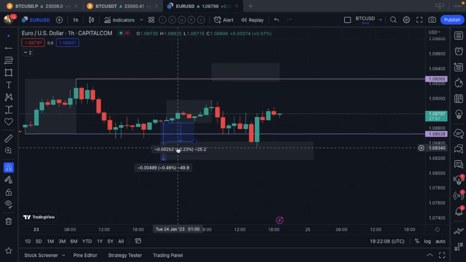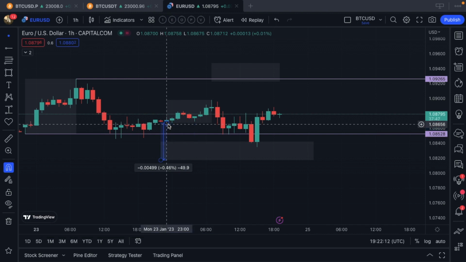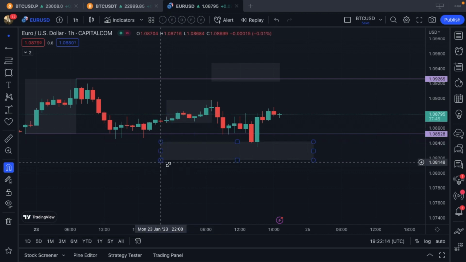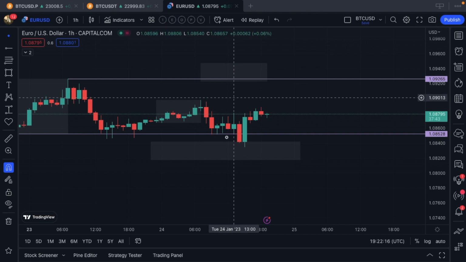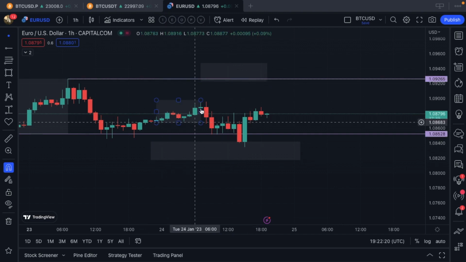And we're going to mark that out. So these are our stop hunt zones when the Asia session is quite small.